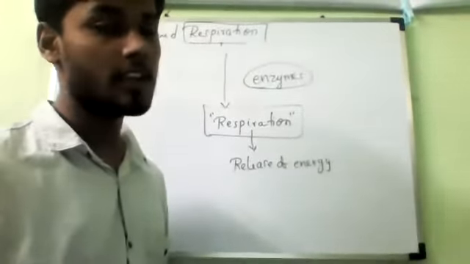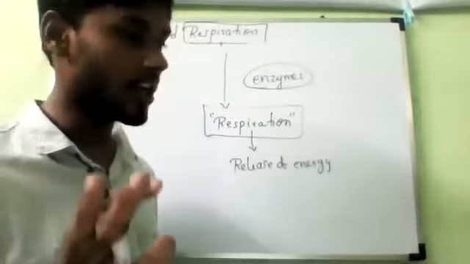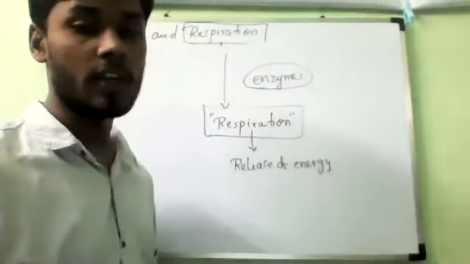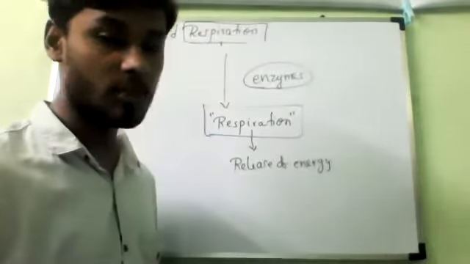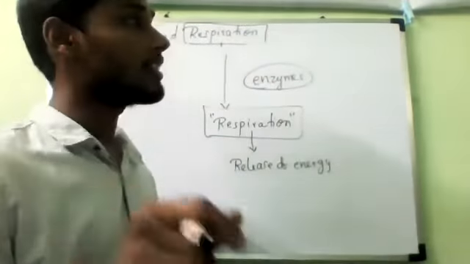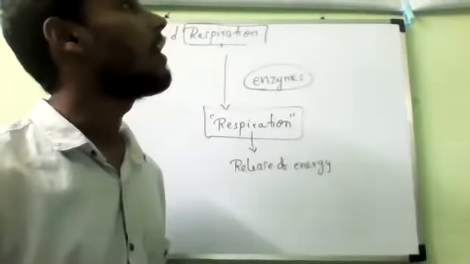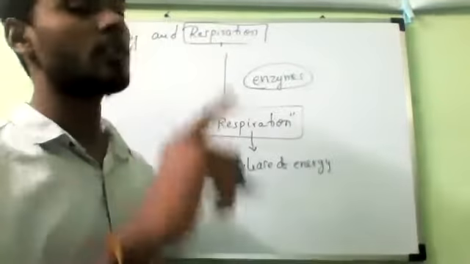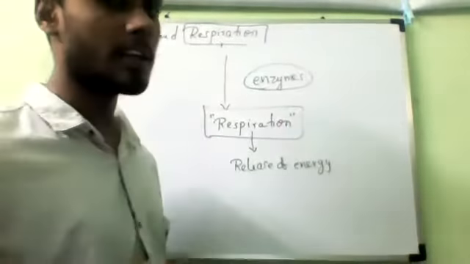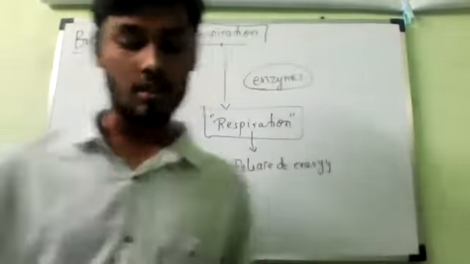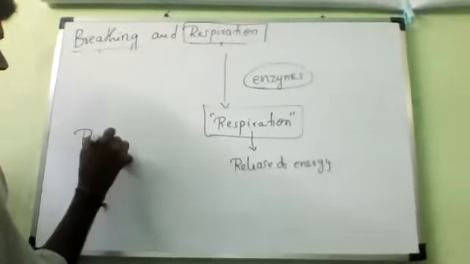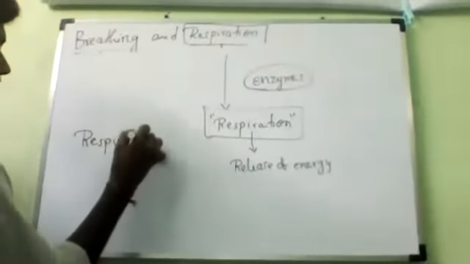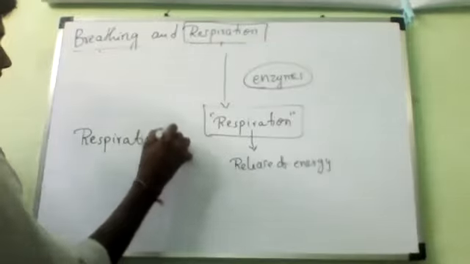Observe very carefully, there is one more reaction which takes place in the plants. What is that reaction? What reaction is just opposite to respiration? If you observe the raw materials, you can understand it. I have taught you that also.